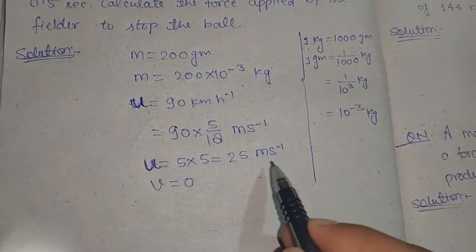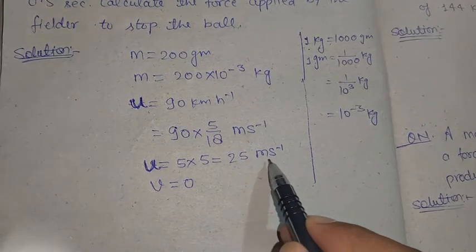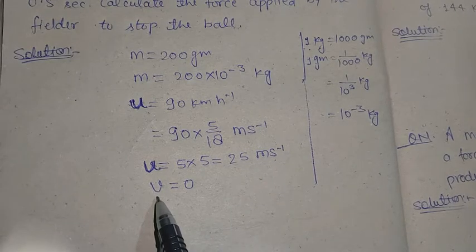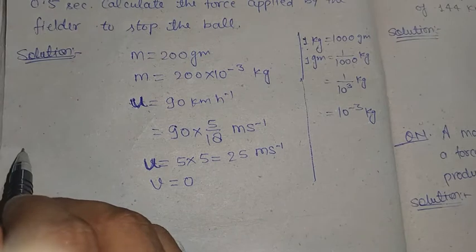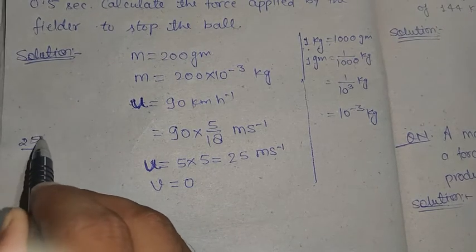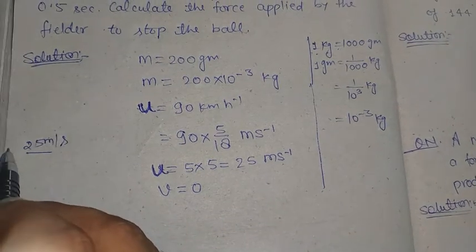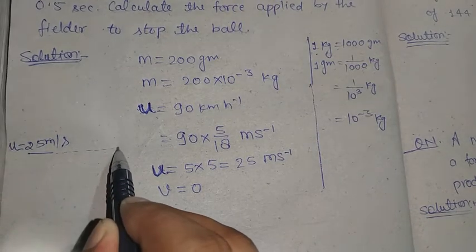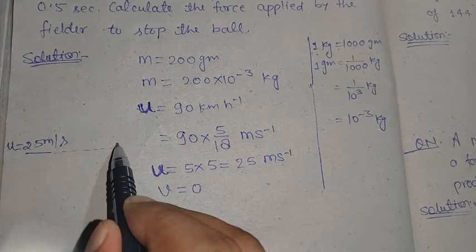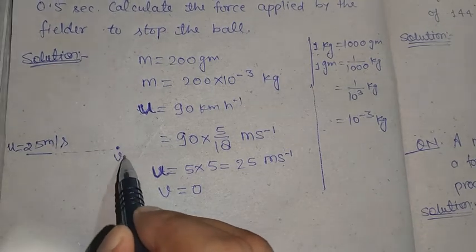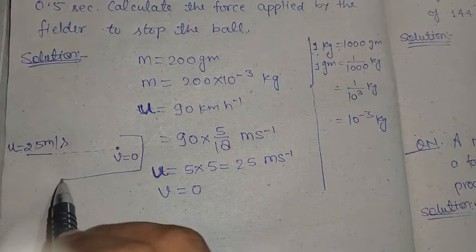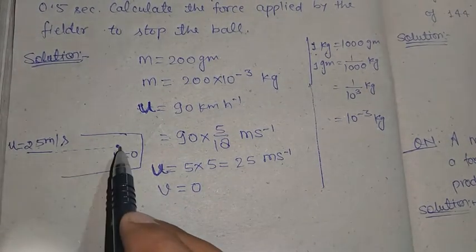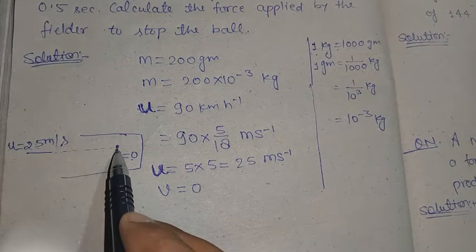It was moving with 25 meter per second and stopped by a fielder, which means it comes to rest, so final velocity is 0. So u is equal to 25 meter per second, and it becomes 0 when stopped by a fielder.